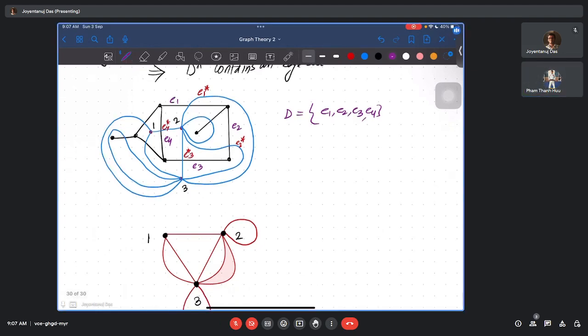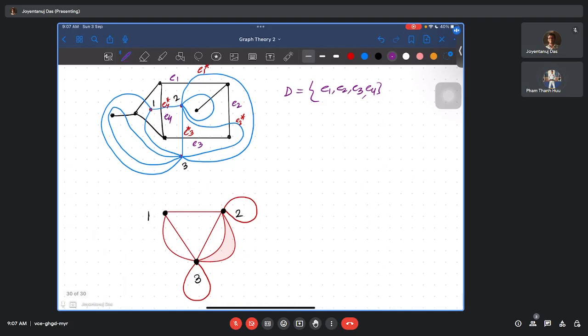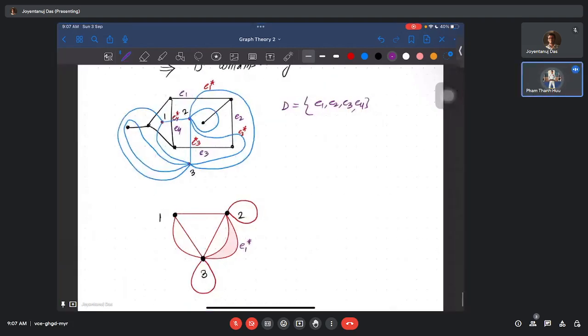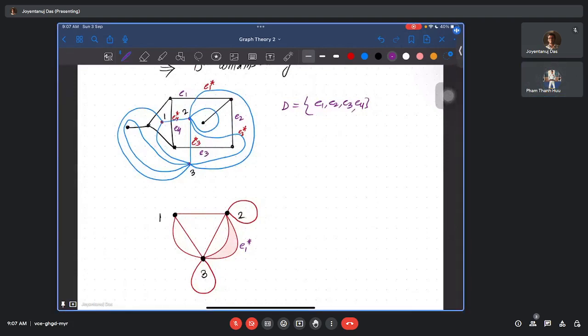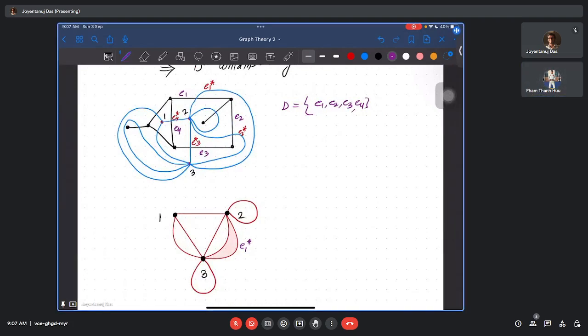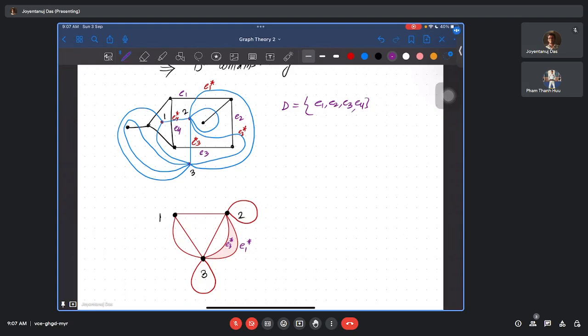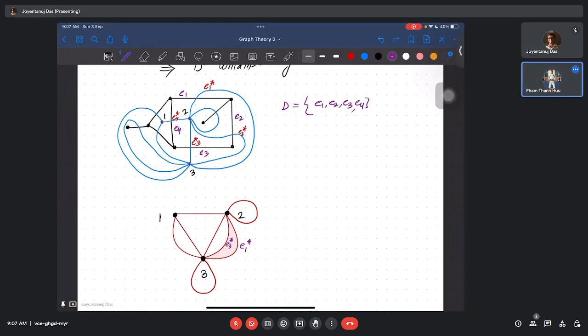Now let us mark the edges here. E1 star is between 2 and 3. E3 star is also between 2 and 3, and E2 star is also between 2 and 3.